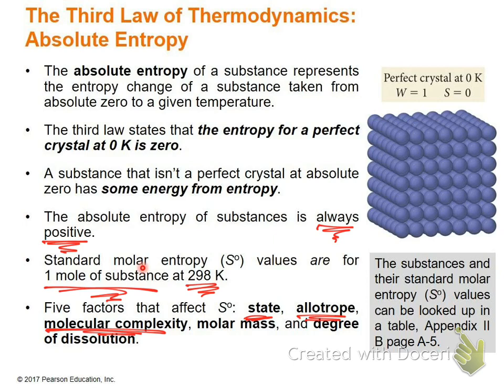So as the number of atoms increases, the molecular complexity also increases. Okay. It also depends on the molar mass. And finally, the degree of dissolution. This is basically the extent of dissolution, so a solid versus a dissolved sample.